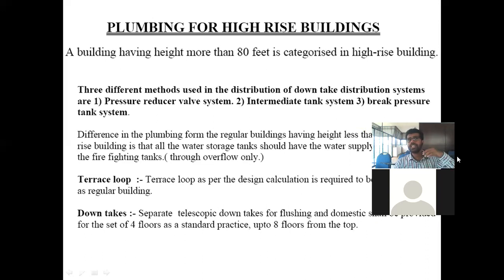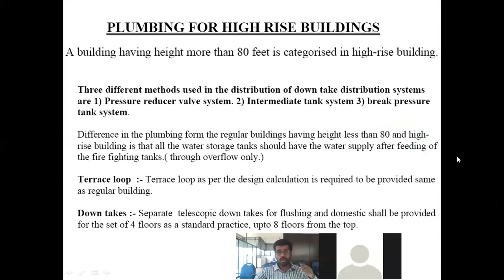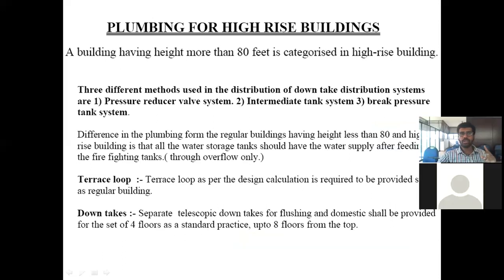We'll be directly pumping the water to the firefighting tank only, initially. So there should be two tanks on the overhead: one is the overhead domestic water tank for our need, and the next one is the firefighting tank.